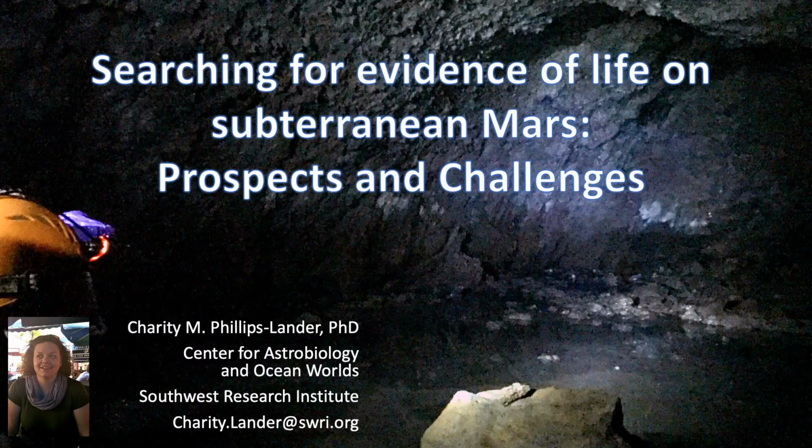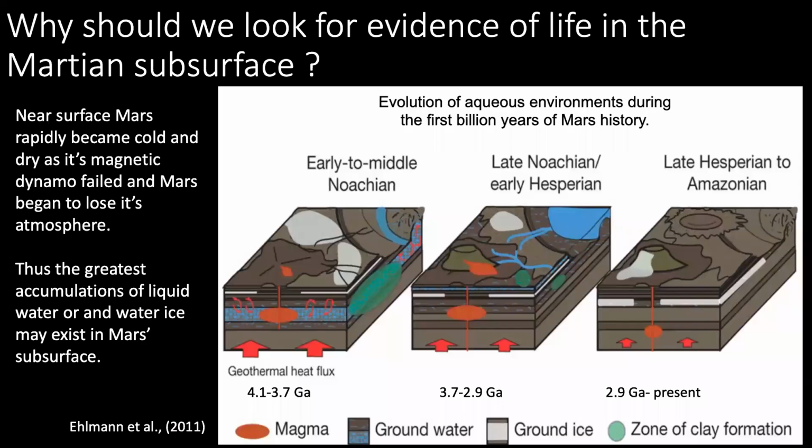Okay, so how do we look for life on Mars? It turns out that Mars's surface used to have a pretty dynamic hydrologic system in the very earliest part of its history.